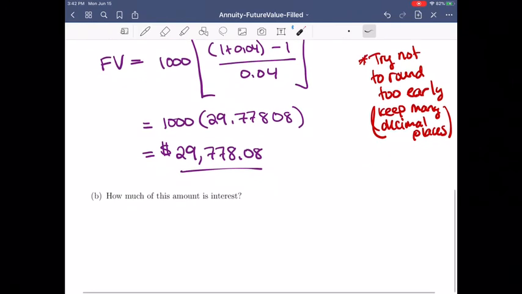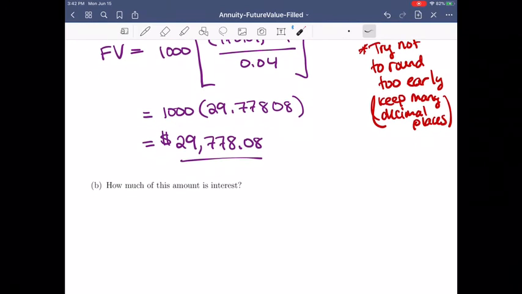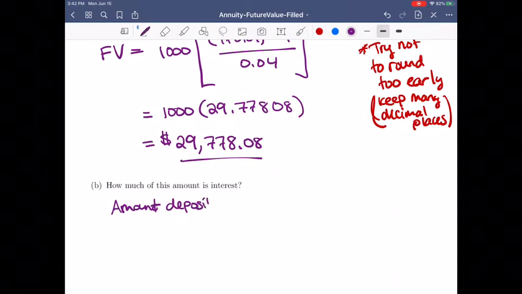Now, how much of this is interest? So how much did we actually deposit? Okay, we want to know how much we actually put in. So that's going to be our payment times the number of deposits. So here that's 1,000 times 20 deposits.